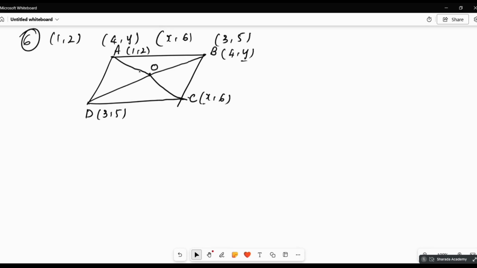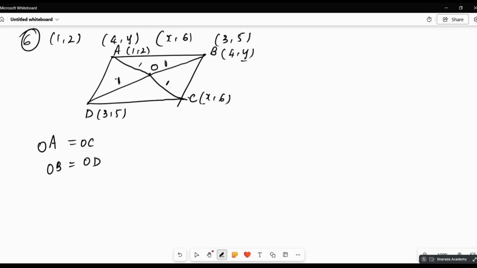Listen here, in a parallelogram, the diagonals bisect each other. That means OA is equal to OC and OB is equal to OD. They are bisected, so the ratio is 1:1 here. Here also 1:1 is the ratio.